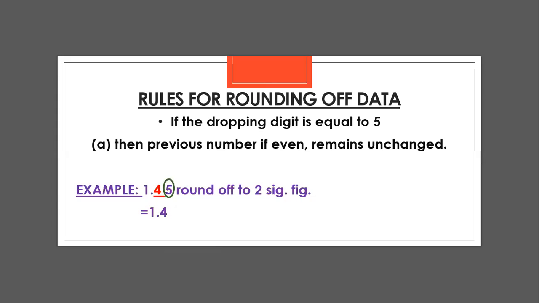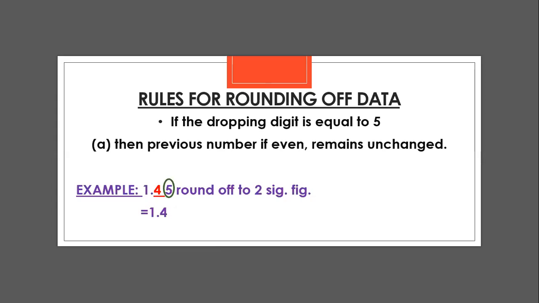So 2 means 1.4. What about 5? 5, you're going to drop it, but you have to follow the rule. You will circle 5, this is the dropping digit, and you will look at the previous number. That previous number is an even number. You might have read about the numbers, whole numbers, even numbers, odd, prime. Even numbers, 2, 4, 6, 8.